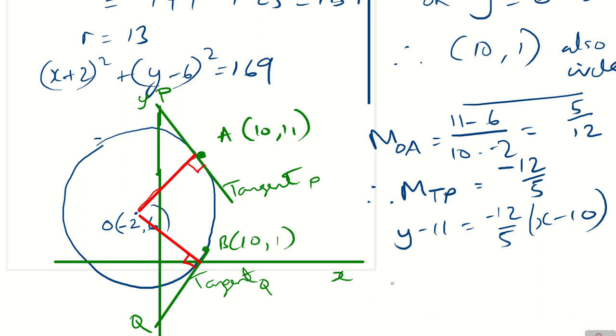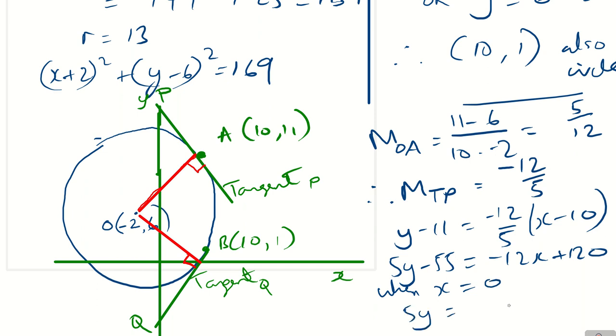I can then multiply through by 5. 5y minus 55 is minus 12x plus 120. So when x equals 0, 5y equals 120 plus 55, which is 175. So y at P equals 175 over 5, which is 35. So the y coordinate of P is 35, and P is the point 0, 35.